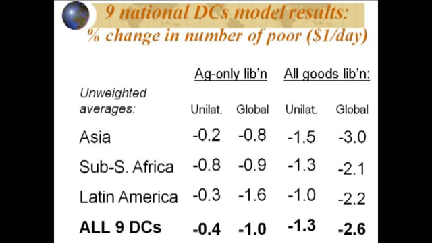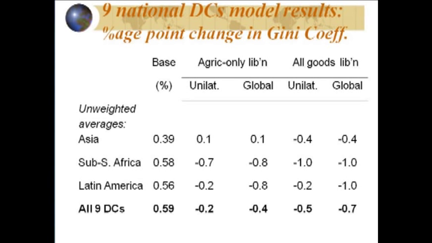But you'll notice that all of the signs there are negative for all of those regions, for all of those types of liberalisation. So suggesting that at least in terms of these regional averages, there is a very positive story, or a negative story in terms of poverty, a positive story in terms of alleviating poverty. As for inequality, there are results in there for urban versus rural.